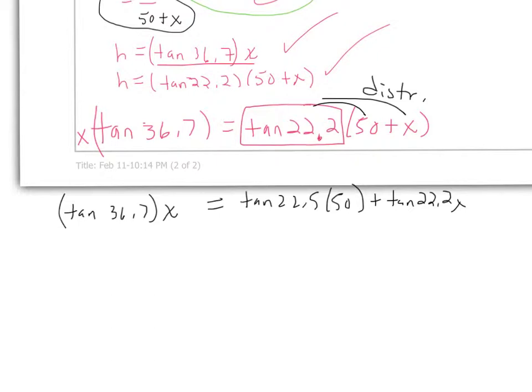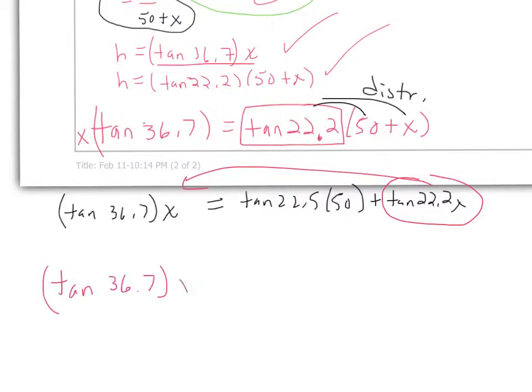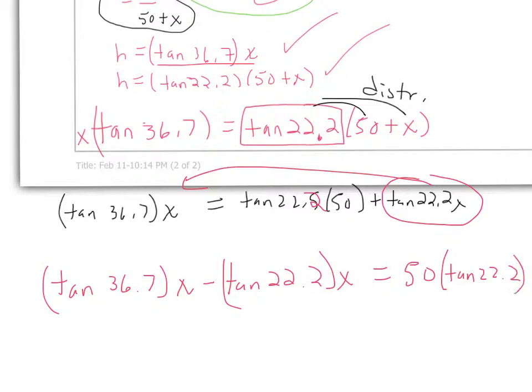If I take every term that has an x in it and get it to one side of the equal sign, I'd end up with tangent of 36.7x minus tangent of 22.2x equals 50 times tan of 22.2.